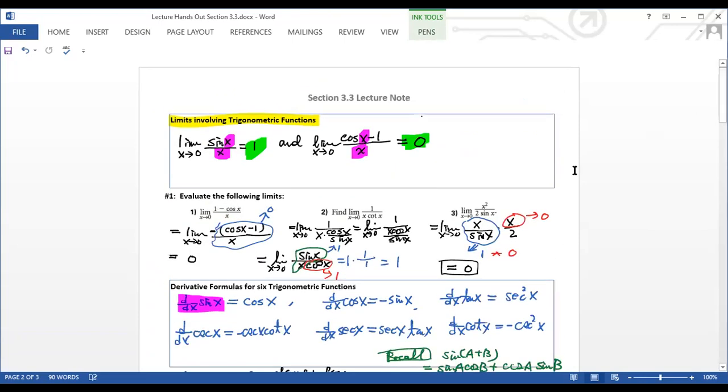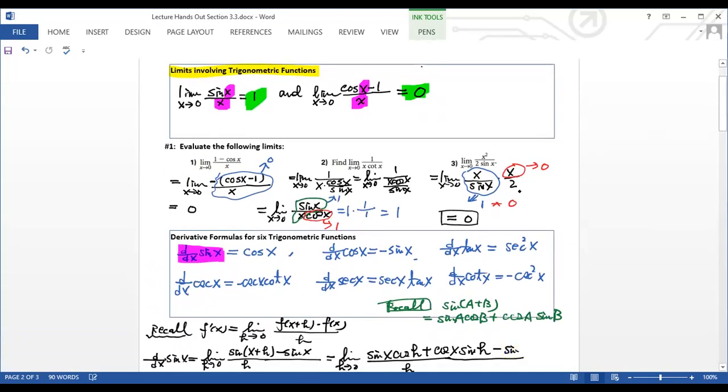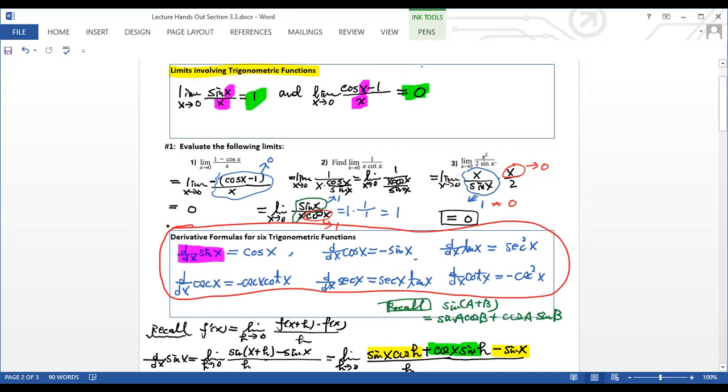So one thing here is these are the main trig function formulas, right? You need to remember these 6 formulas for the trig functions. And in here, those limits are extremely important also.